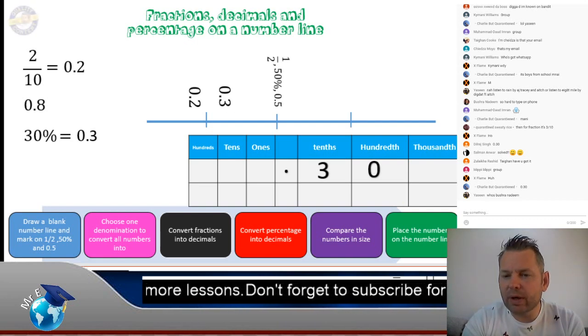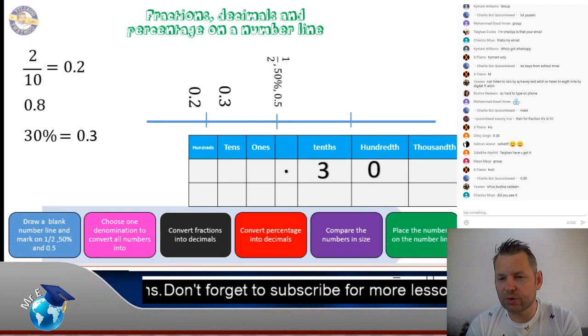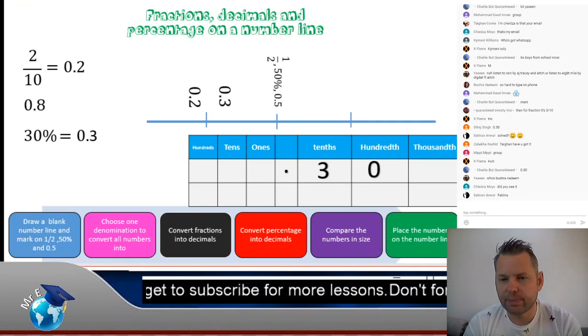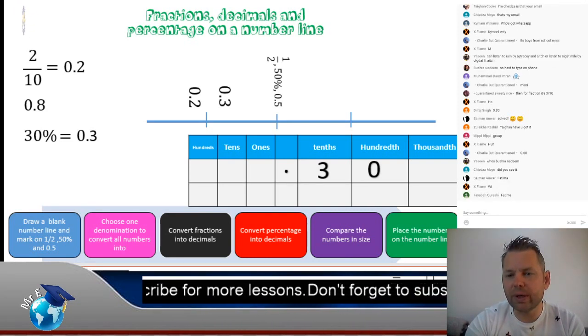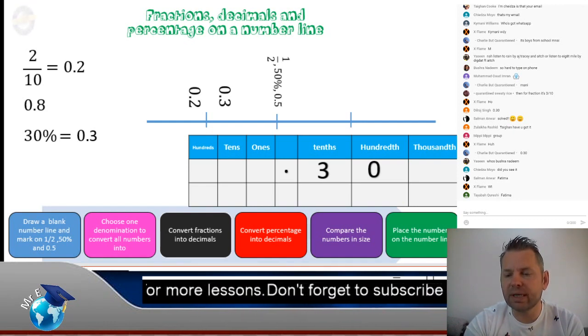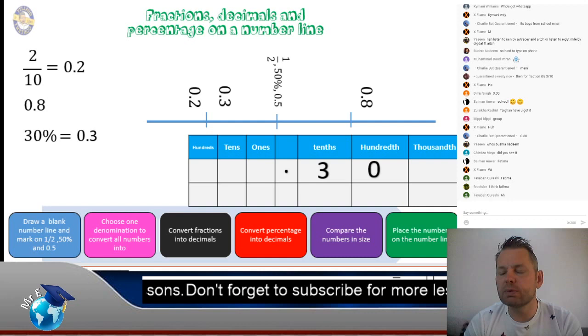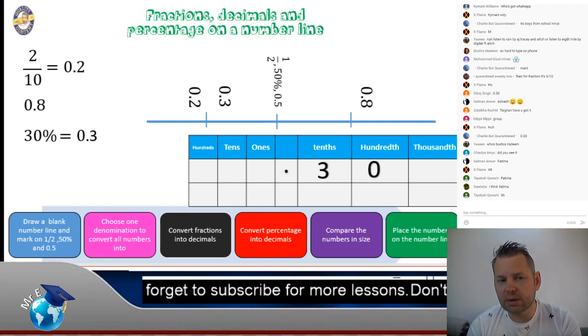I know that 0.3 is more than 0.25, therefore it can go after my quarter. And then my last one is 0.8, and I know that 0.8 is more than 3/4, more than 0.75. Therefore, it's going to go after my 3/4.